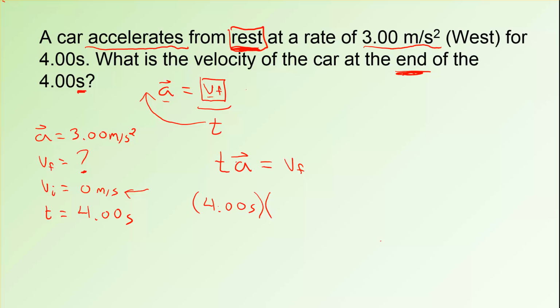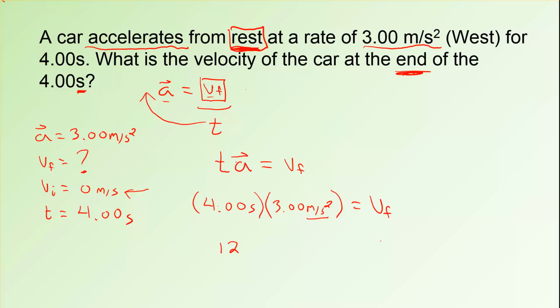My acceleration is equal to 3 meters per second squared, because remember we do acceleration in meters per second squared. That is equal to Vf. 4 times 3 is equal to 12. So our answer would just be 12 meters per second.